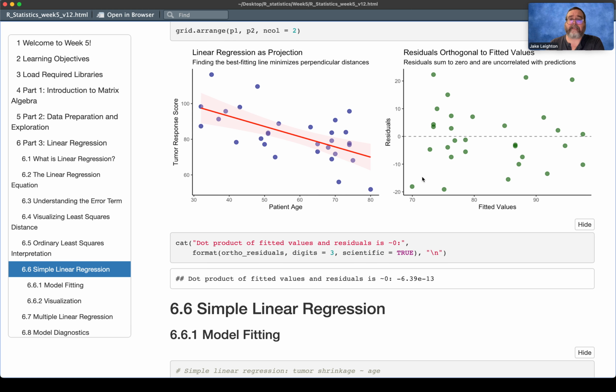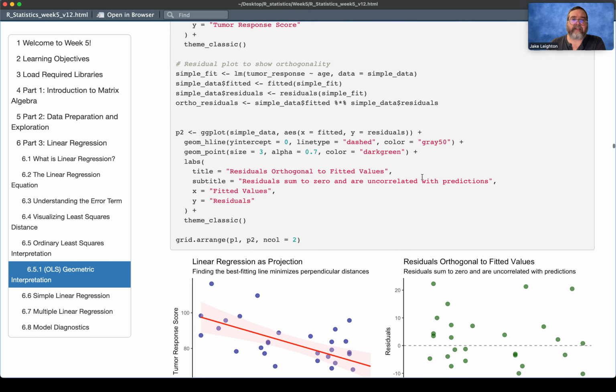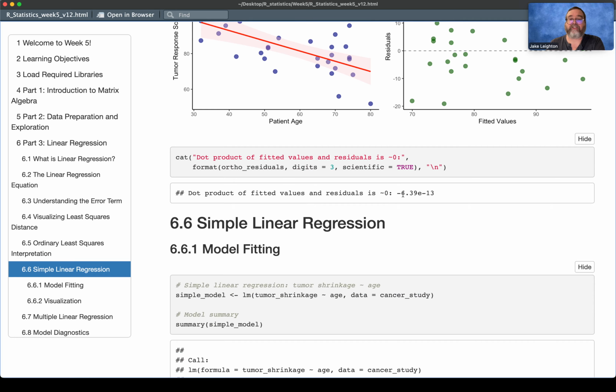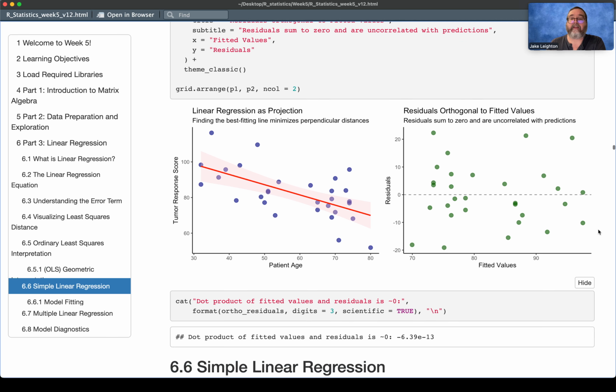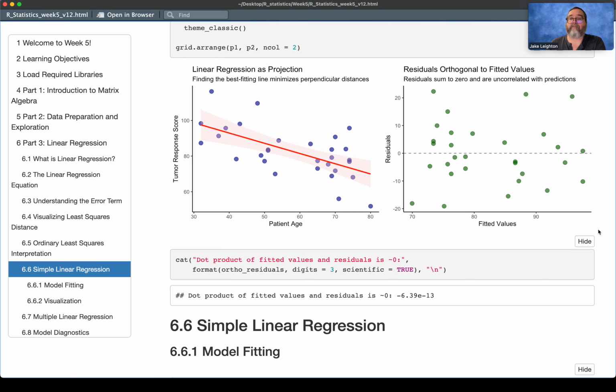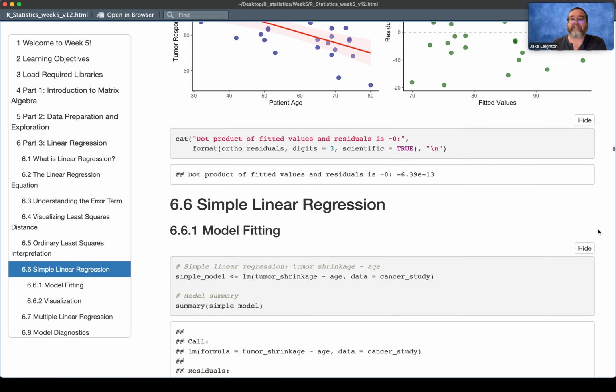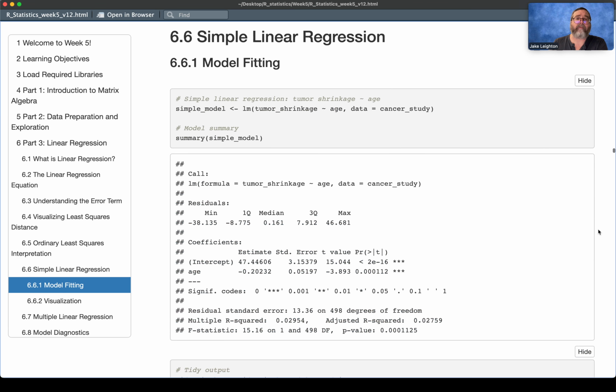So you're going to want to see, if you take your fitted value, like you see right here, your fitted value dot product with your residual value, each one is your dot product, and that is equal to 0. So that's just showing the dot product with fitted values is 0. So that's what we'd expect. That's the general math, pulling from that linear algebra back to how that formula is executed.